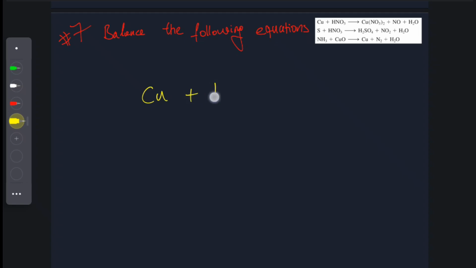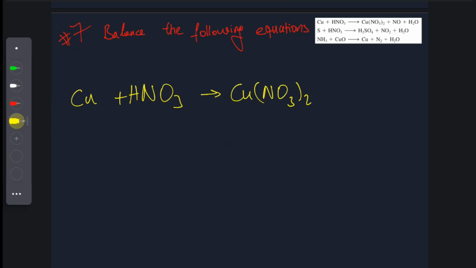Copper reacts with nitric acid and creates copper nitrate, NO and water. If you realize, this is a redox reaction.